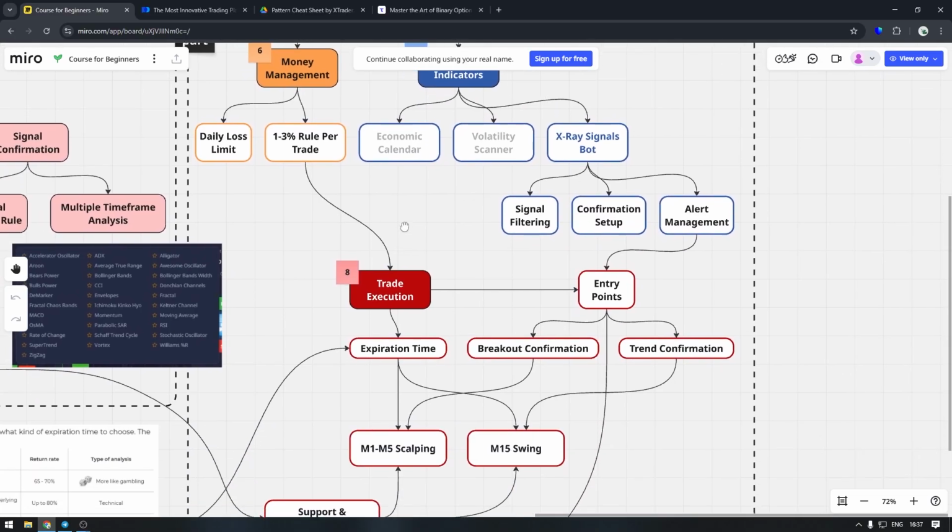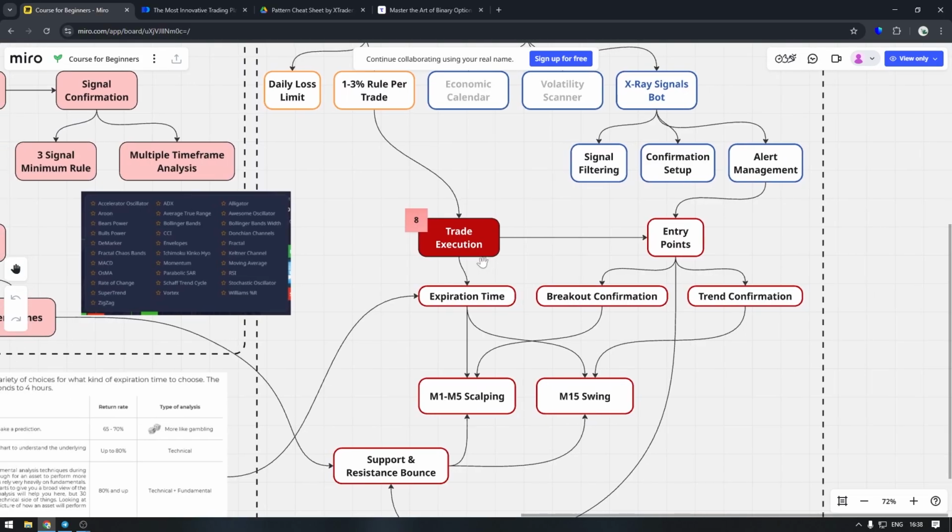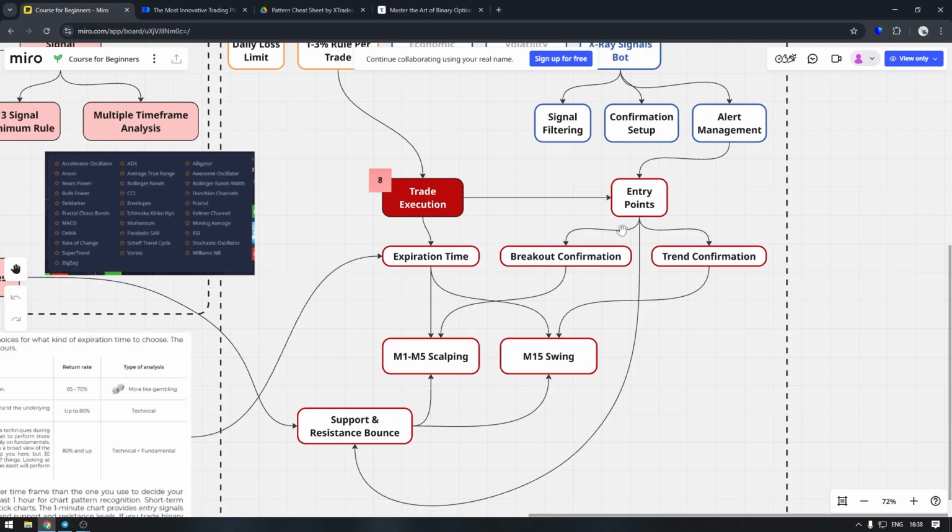And the last part, trade execution. Now let's put it all together with real examples. I will show you, a bit later, 2 or 3 trades with the X-ray signals bot. But now we can talk about trade execution.